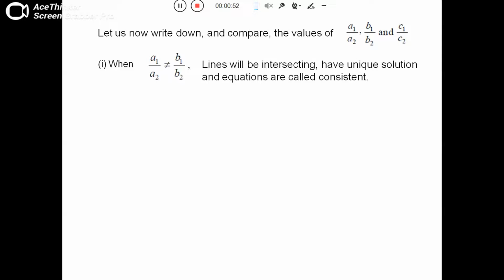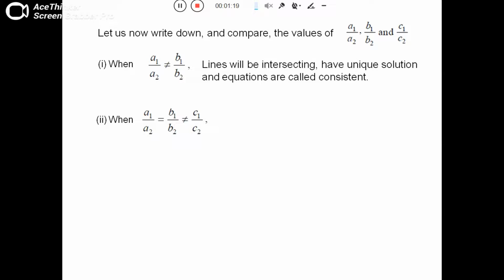Now let us see the second condition. When a1 upon a2 equals b1 upon b2 and is not equal to c1 upon c2, then what will happen?